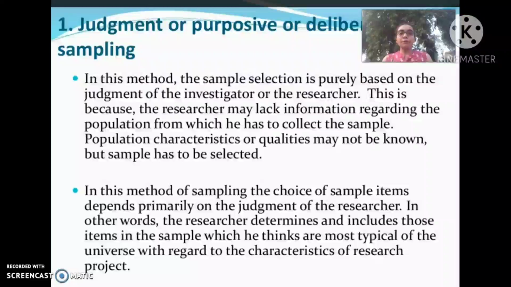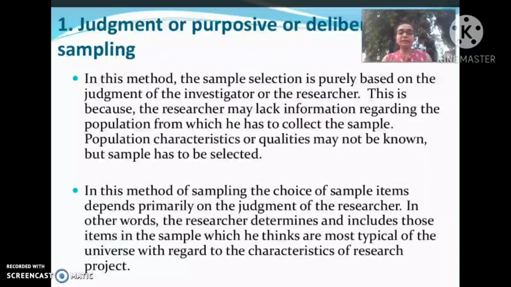Judgmental or purposive or deliberate sampling method. In this method, the sample selection is purely based on the judgment of the investigator or the researcher. This is because the researcher may lack information regarding the population from which he has to collect the sample. Population characteristics or qualities may not be known, but sample has to be selected.